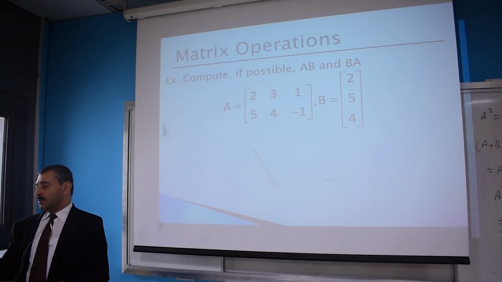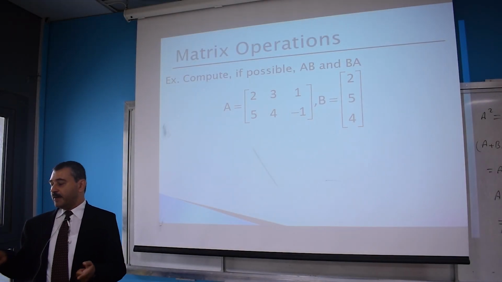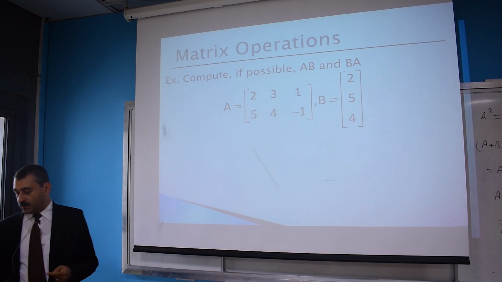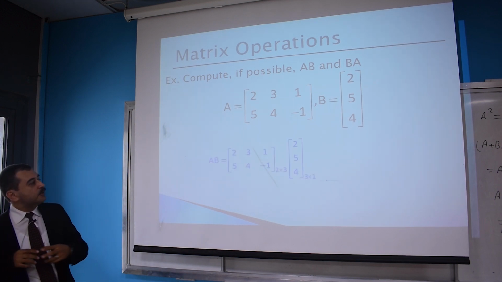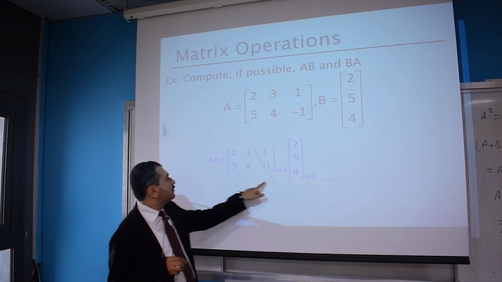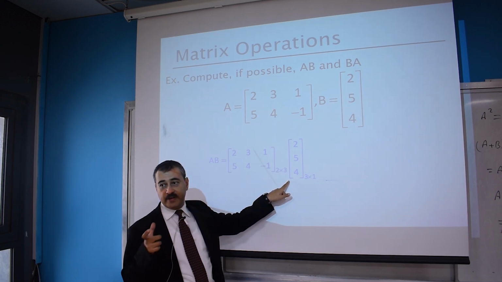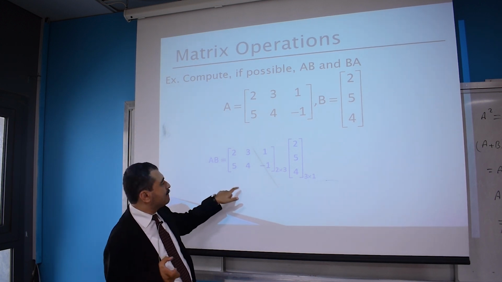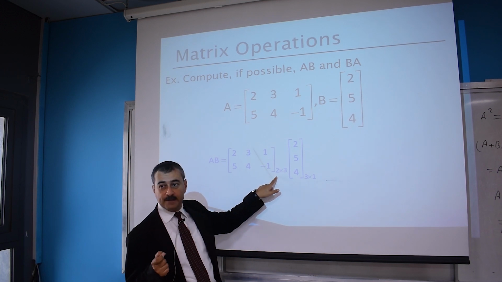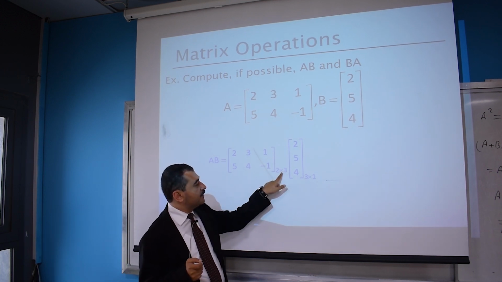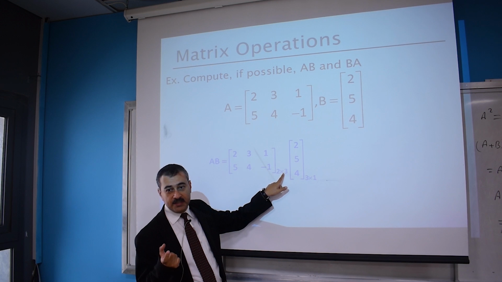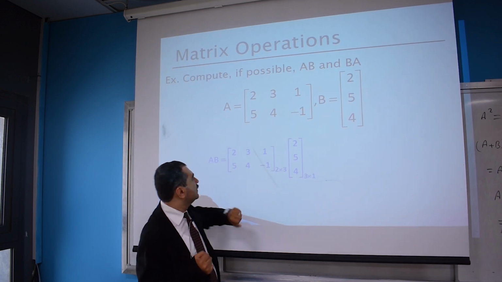Let's do AB and BA here. If you want to multiply A by B, is the product valid? We have 3 equals 3, and the dimension of the output is 2 by 1.